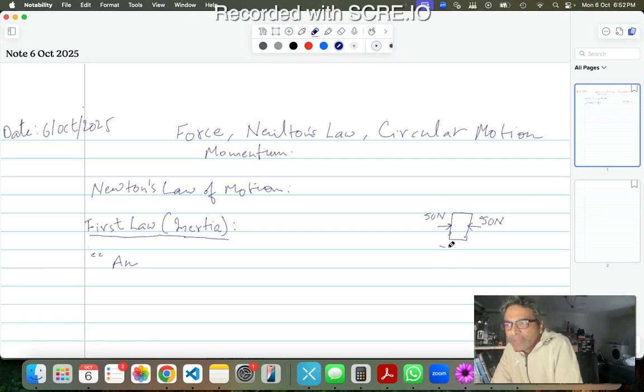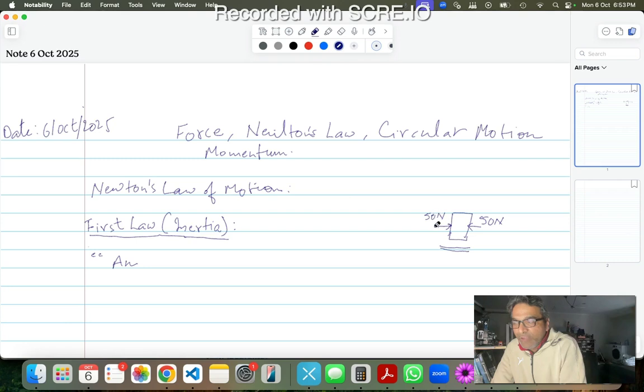Will this object remain static or will it move? Why? Net external force. Yes. So the balance or equilibrium is maintained by the net external force.